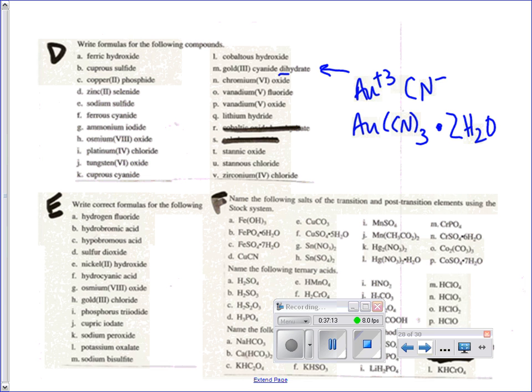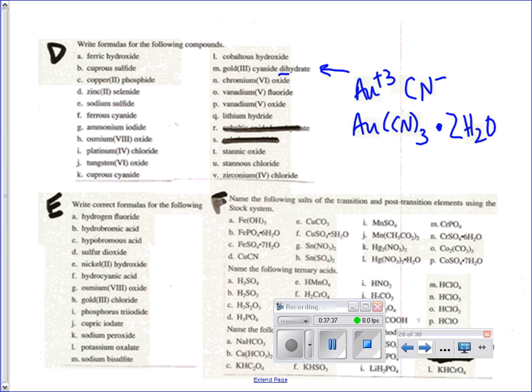Sophia, T. Okay, let's help you out. Tin can have what 2 charges? 2 and 4. It gets high, so it's tin 4. SnO2. Good. Mitchell.